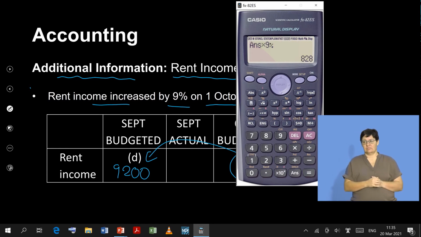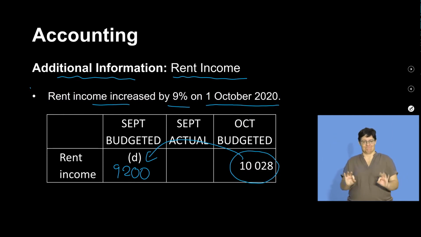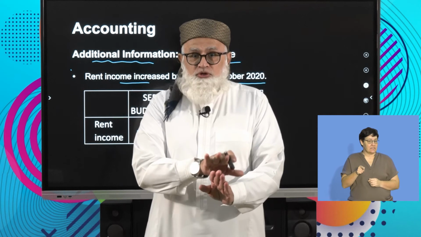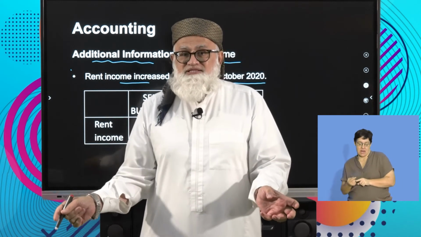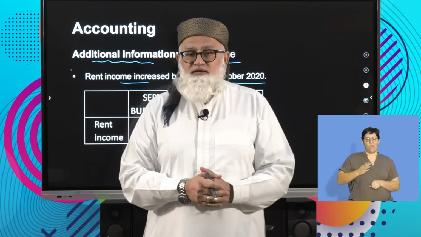Watch, you're going to get a figure of 828. Add that with your 9,200, and there we go. 10,028 is the figure that you're getting as your increased rental. So in this particular instance, you have to use the increased rental to work out the rental prior to the increase.